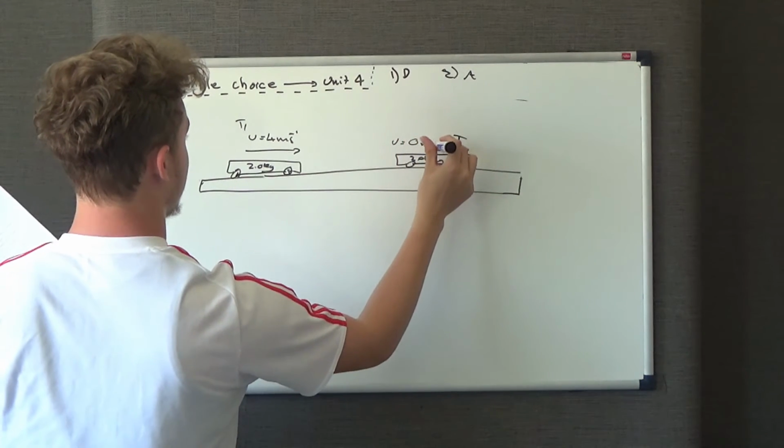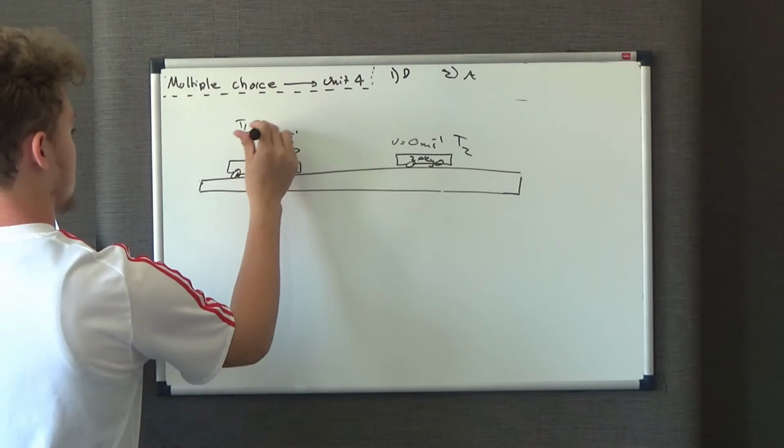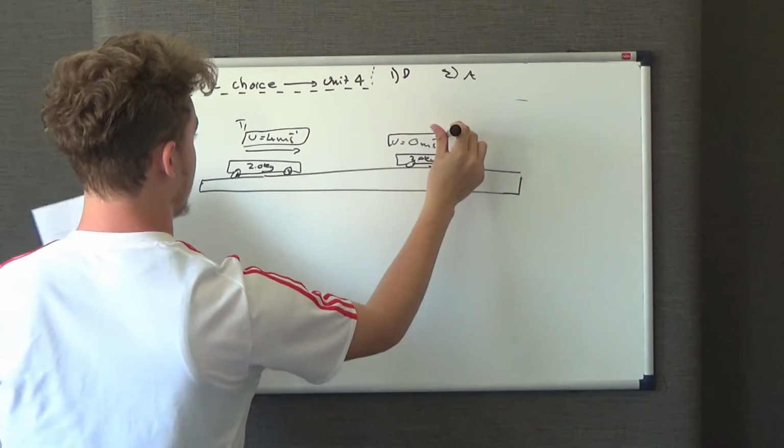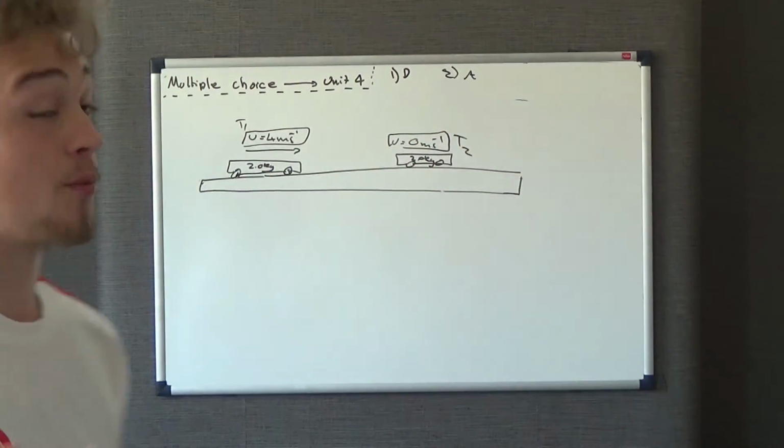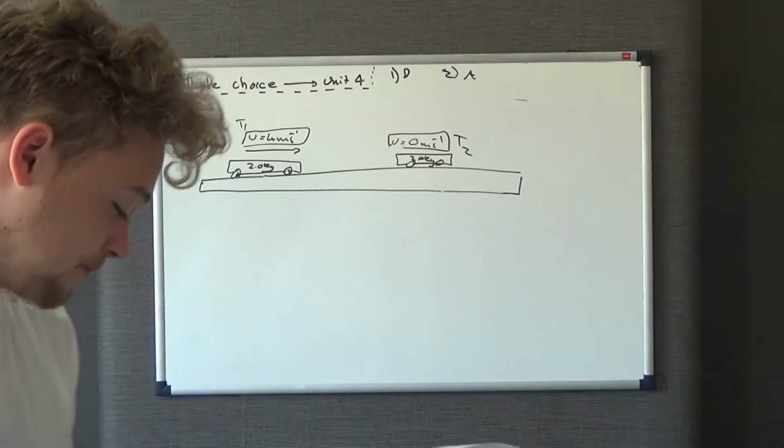In other words, this is moving at 0 meters per second. I'm sure you know that anyway, but just make sure you know that at rest just means 0 meters per second.